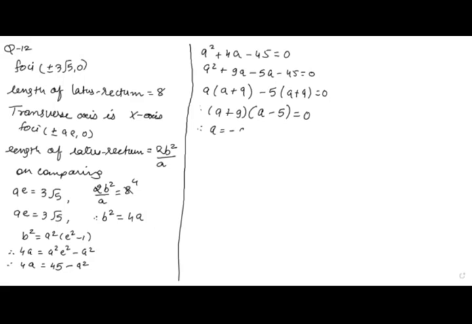Therefore, the value of a is minus 9, or the value of a is 5. And we will not consider that negative value, so the value of a is 5. If a is 5, implies b square is 4 into a, which is 20.